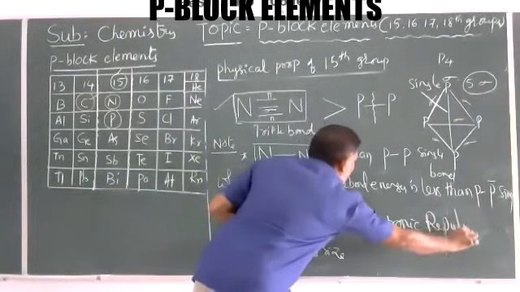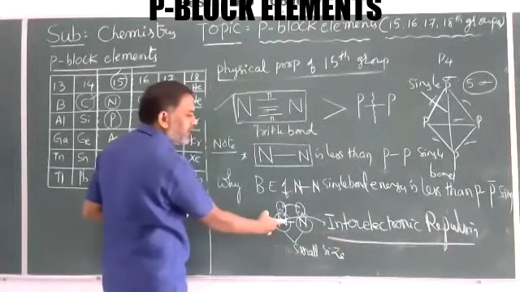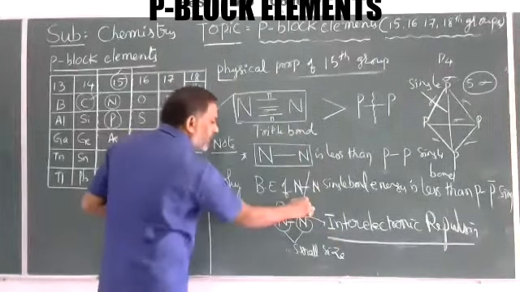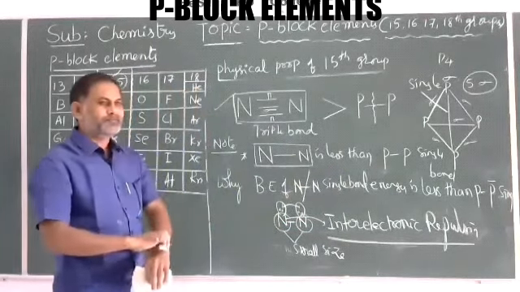Due to the presence of these inter-electronic repulsive forces, nitrogen single bonds are easier to break than the phosphorus and phosphorus single bonds.